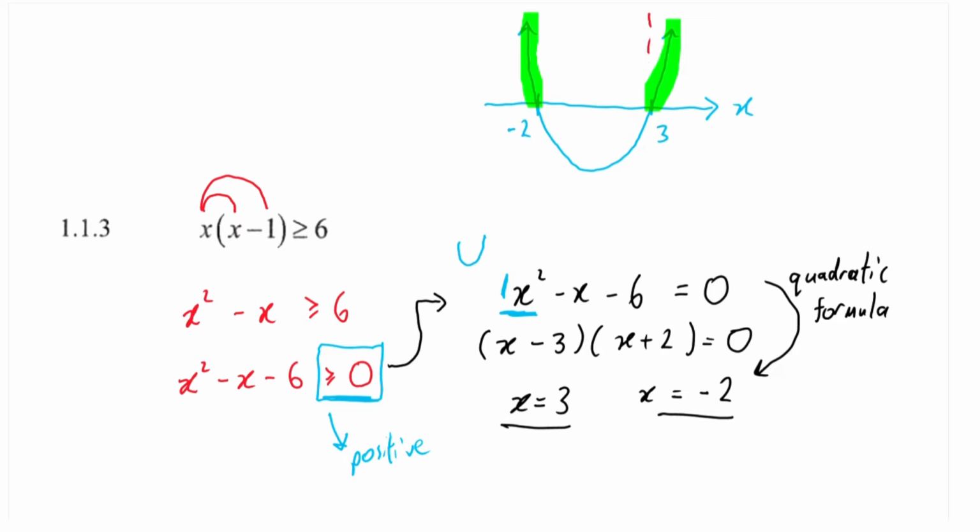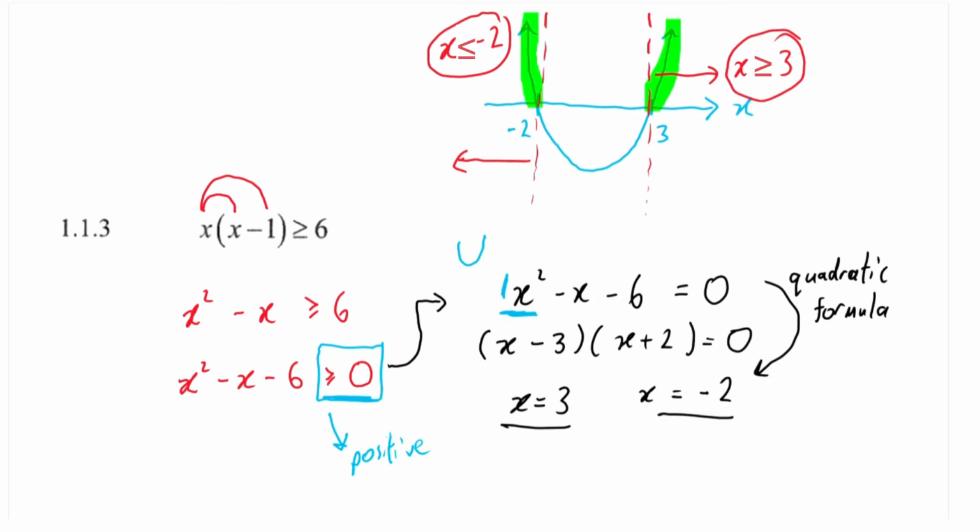You can draw a dotted line here and a dotted line here. The region on this side is x greater than 3, as previously discussed, and the region to the left of minus 2, where it's positive, is x less than minus 2. And that becomes your two solutions, x less than minus 2 and x greater than 3. And we are done with quadratic inequalities.